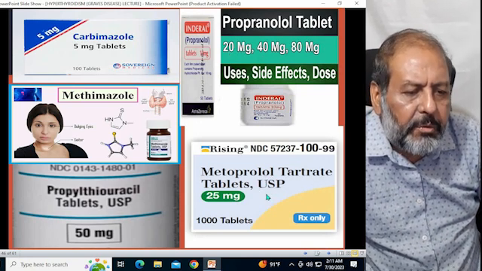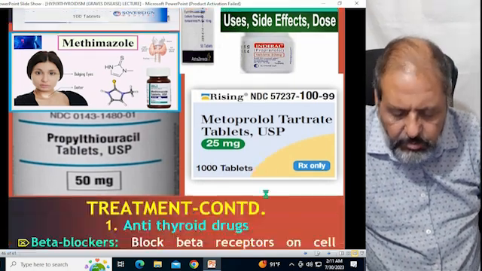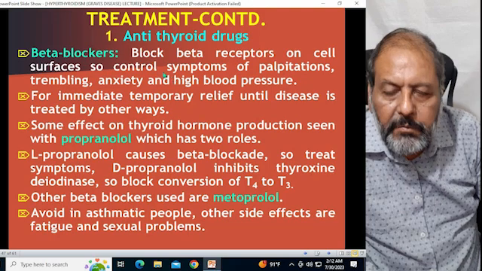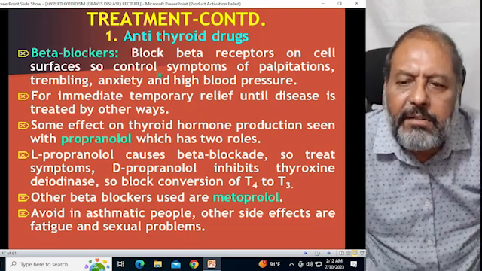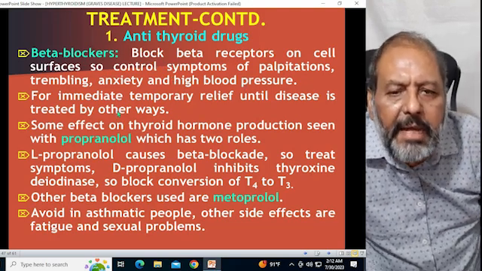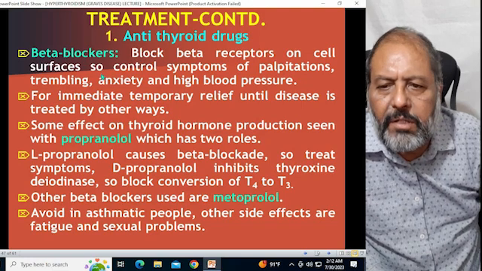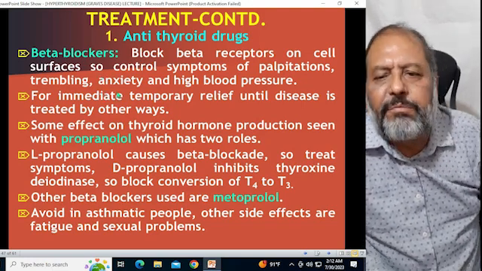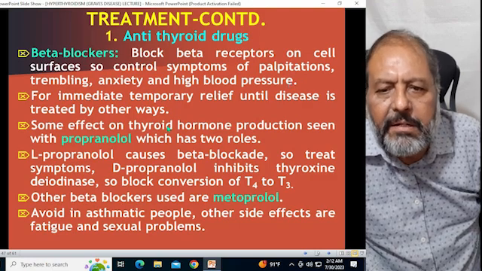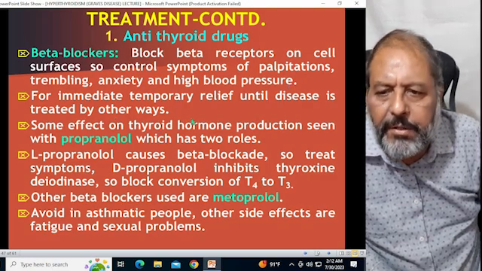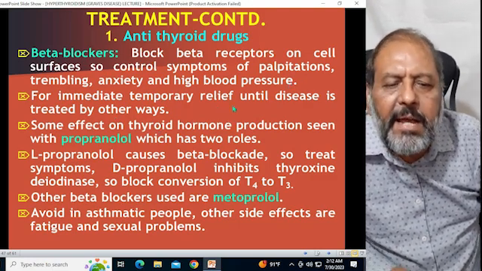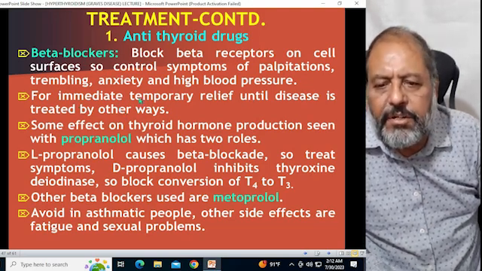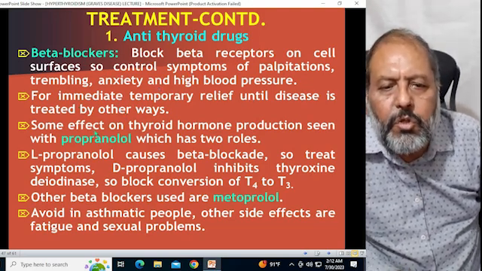Now, beta blockers block the beta receptors on the cell surface, so they control symptoms of palpitation, trembling, anxiety and high blood pressure. For immediate temporary relief, these are given until the disease is treated by other ways.